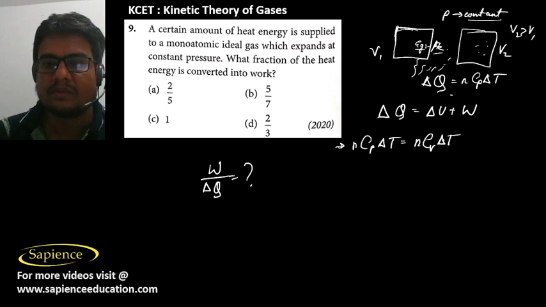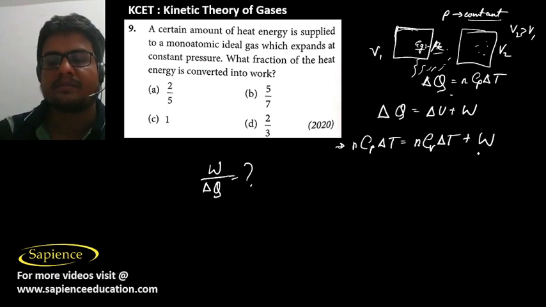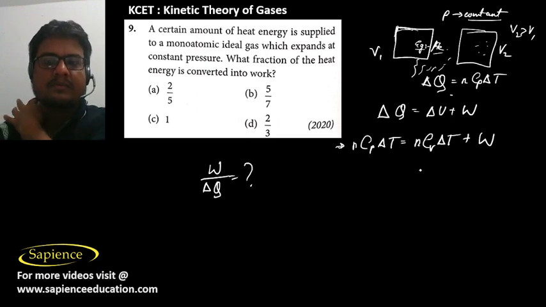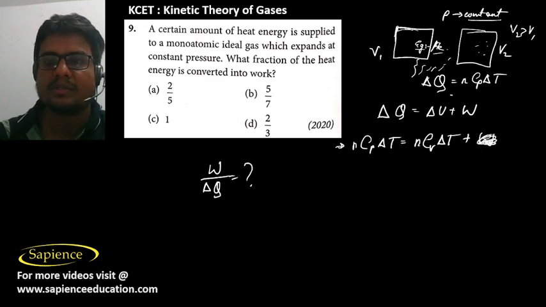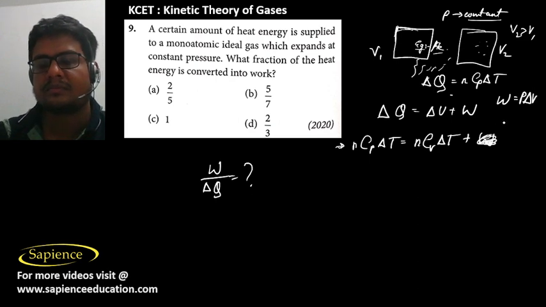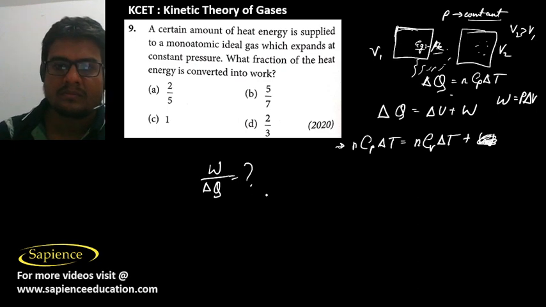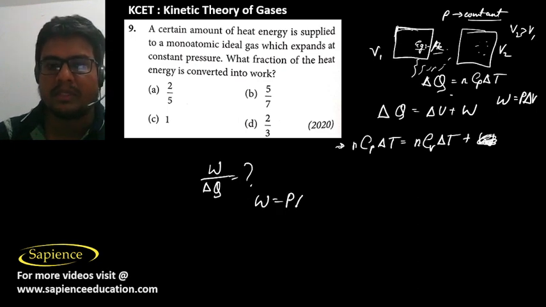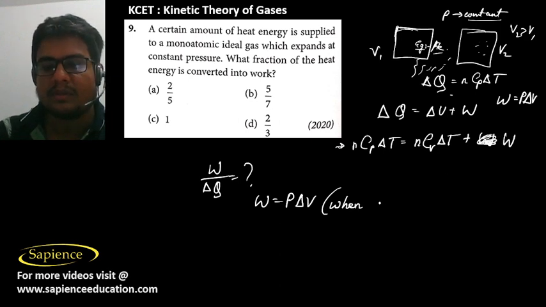So it is nCv delta T plus work done. Work done, when pressure is constant, is equal to P delta V.